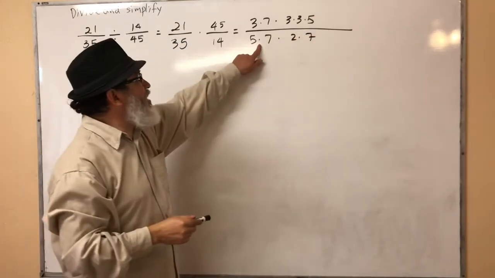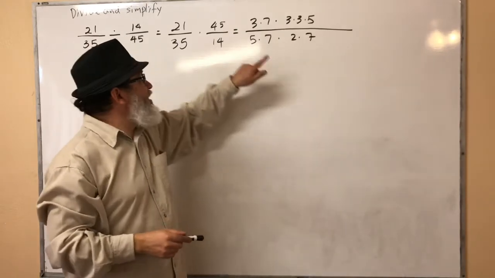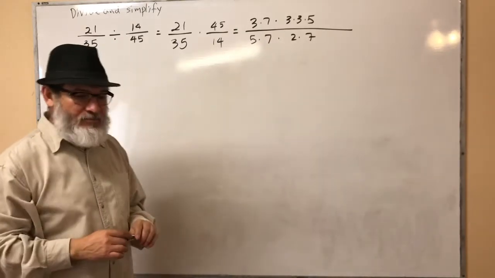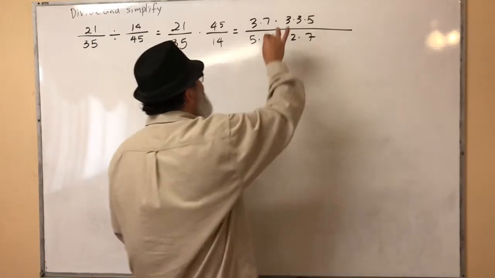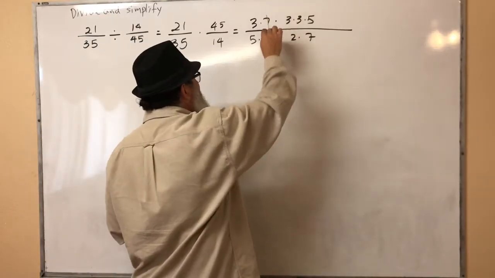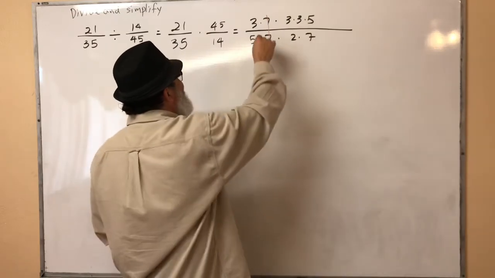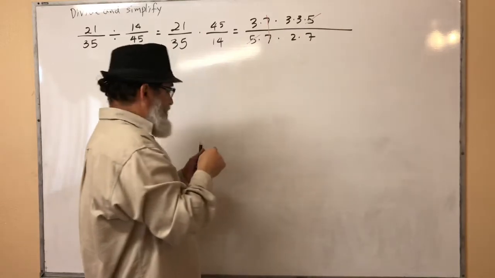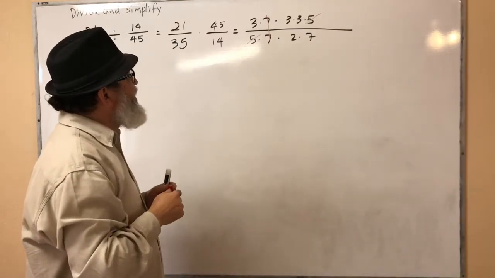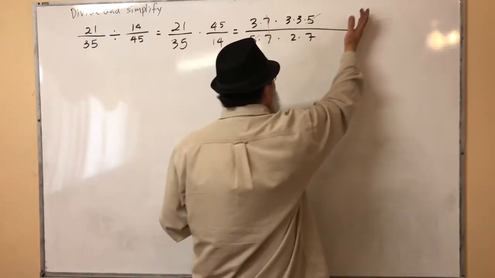So that's 35, and that's 14, and they're being multiplied, look. And now we can cancel. The 7s cancel. The 5s cancel. Is that it? I think that's it.